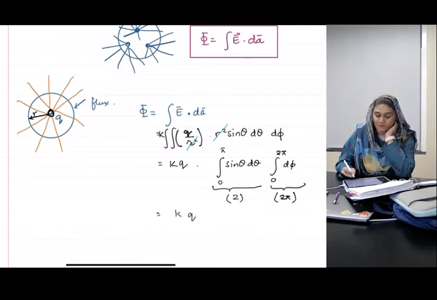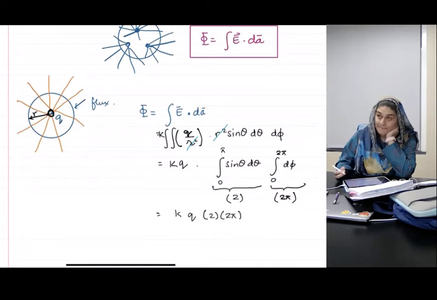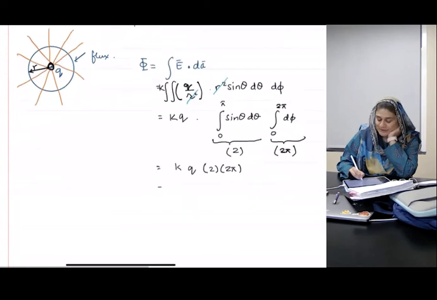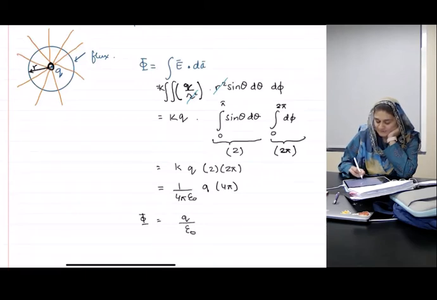K Q, 2 times 2 pi. Anyone remember what K was from intro? 1 over 4 pi epsilon naught. So what am I left with? 4 pi epsilon naught Q, 4 pi, or flux equals Q over epsilon naught.